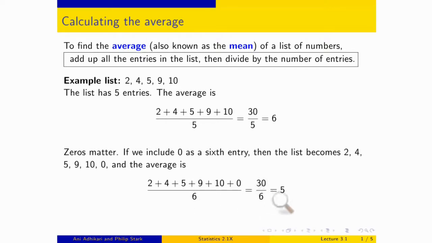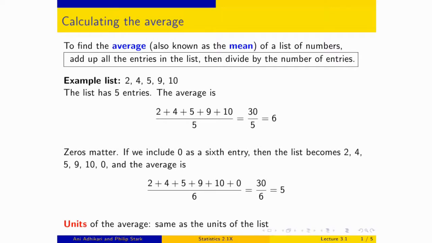And so the average drops to 5. And while we're about it, we should take a look at units of measurement. If these happened to be lengths in inches, then the total would be a length in inches, and divide by 6, and you'd get 5 inches. So the units of the average are the same as the units of the list. So far, so good.